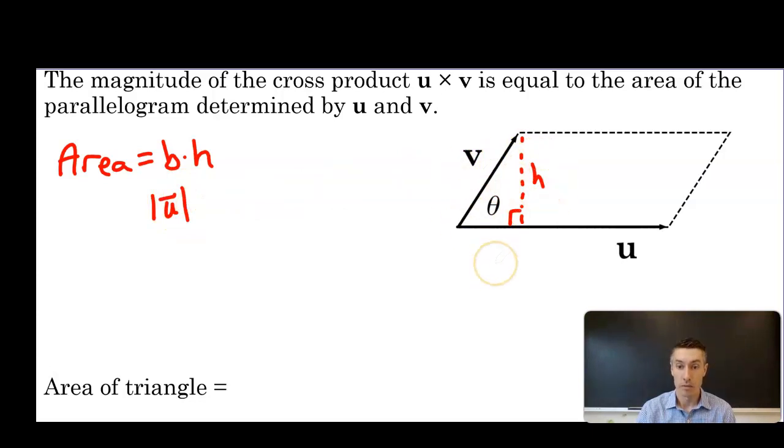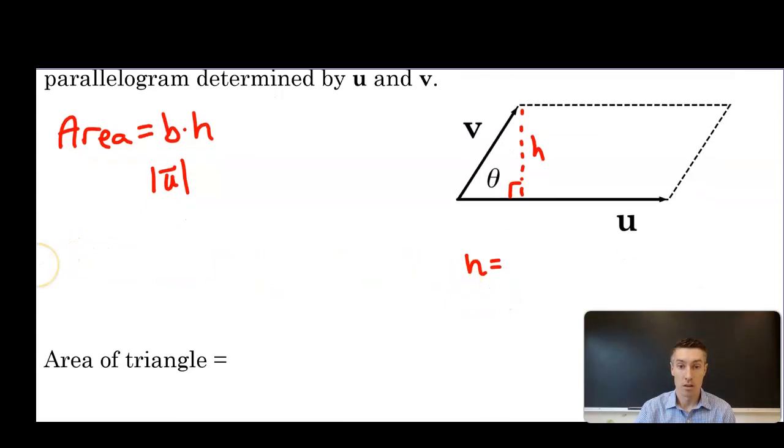The height, well, let's start with just a right triangle relationship. So h is opposite of theta and v is the hypotenuse.